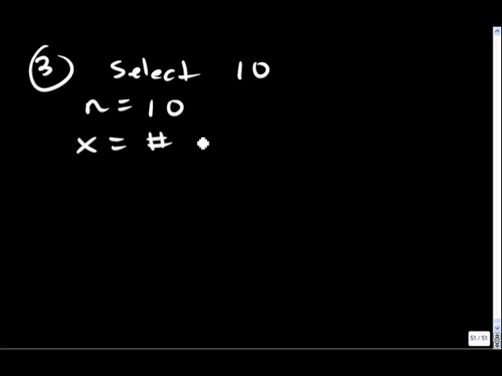Question 3. In question 3, they are to select 10 students. Again, n is the value 10. In this question, we let x be the number of ethnic minorities.